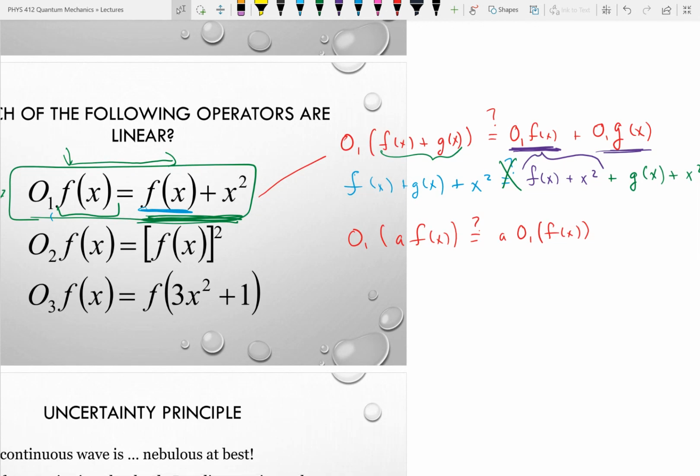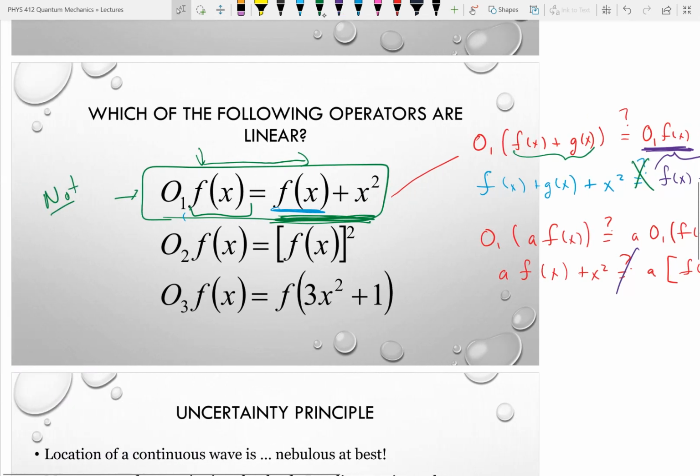For this function, operator 1 just replacing f of x with a f of x would be this. So that's the left side of doing the substitution. And the right side is going to be this. So are those equal to each other? Nope. Failed both tests.